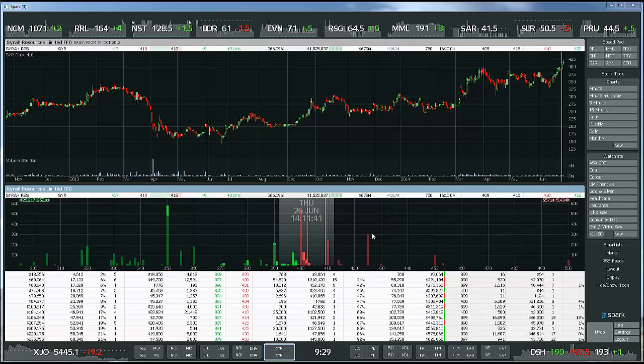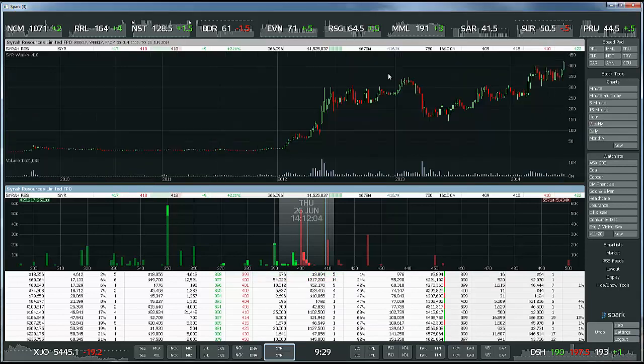Now in this example, what I'm trying to show you is an order book setup, but I chose this particular trade because you had multiple factors aligning to make it a really favourable trade, right? So firstly, from a charting perspective, you can see that $4 is a breakout to all-time highs.